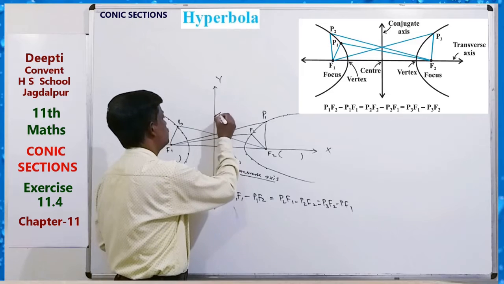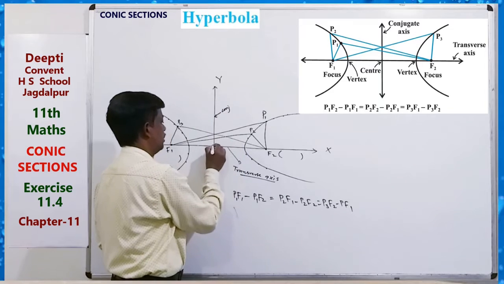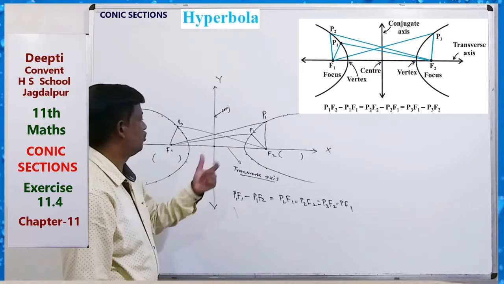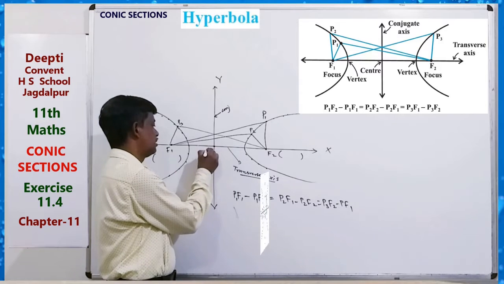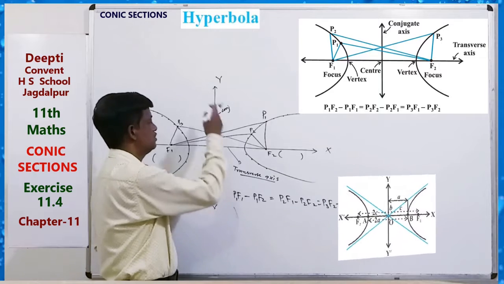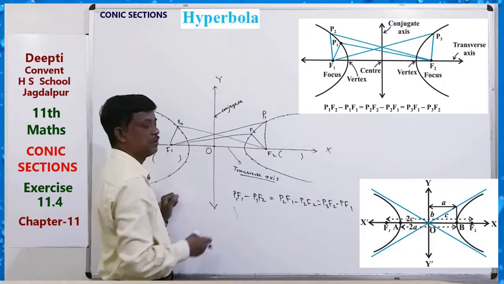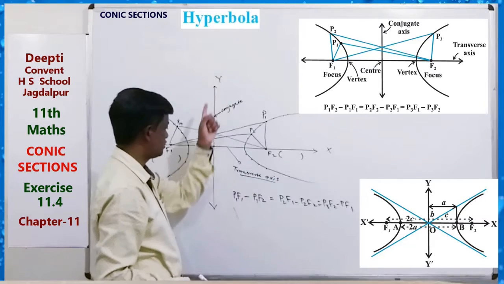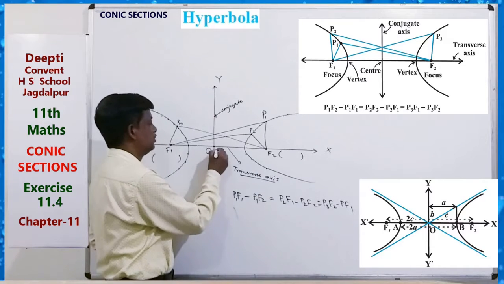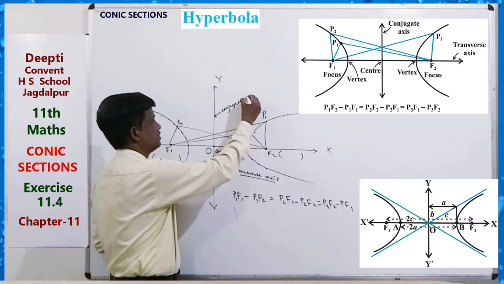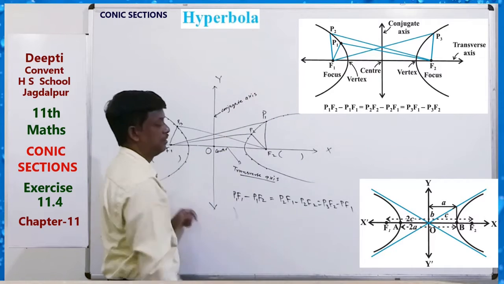This is called the conjugate axis. The center between the two foci is called the center. Suppose this is the origin. The conjugate axis is the line perpendicular to the transverse axis passing through the center.